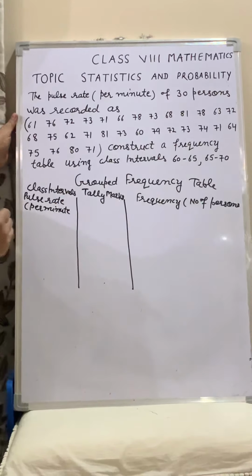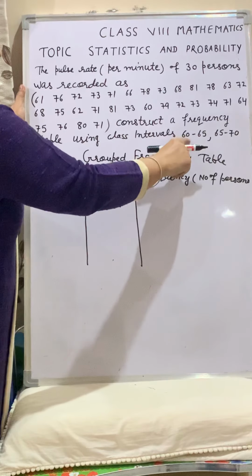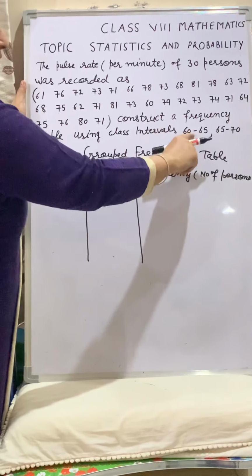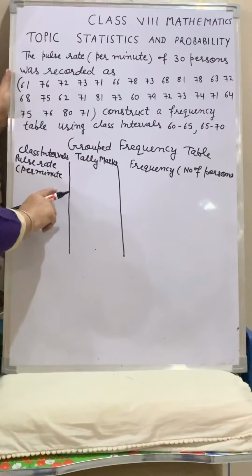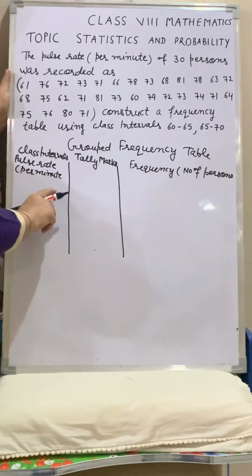The lowest pulse rate here is 60, then 61, and our group is given as 60 to 65. If groups are not given, you can write 60 to 70 as you wish. You can make any group.